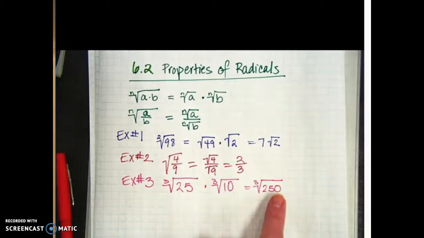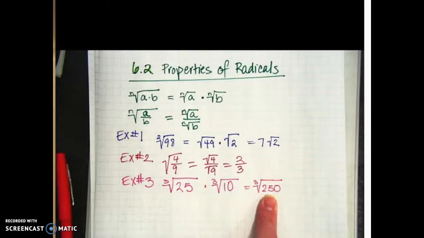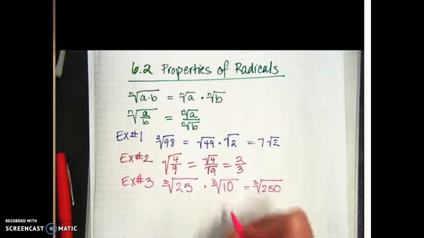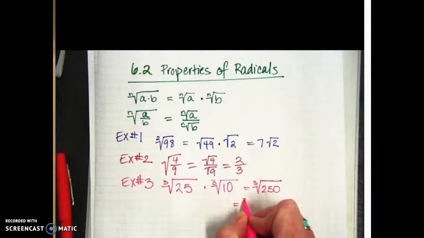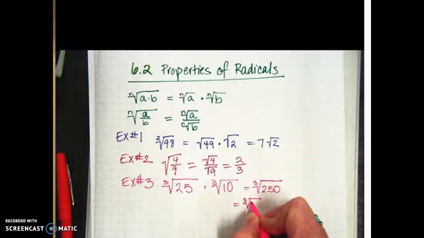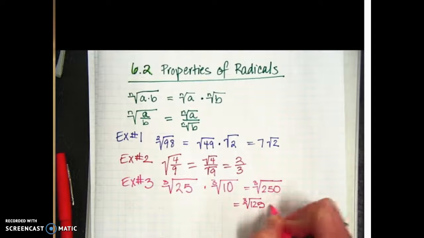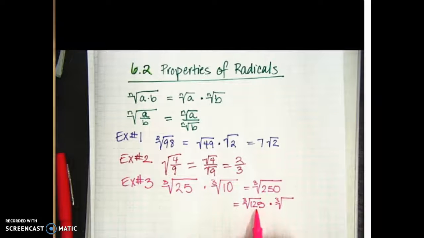Now, are there any perfect cube factors of 250? I'm asking because there is. Anybody know it? 125. So I'm going to rewrite this as the cube root of 125 times the cube root of, and what would I multiply 125 by to get to 250? 2. Okay?